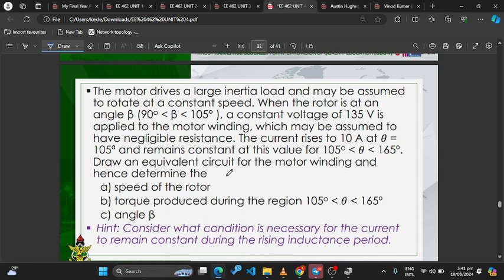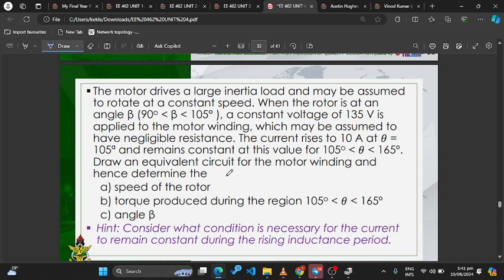Okay, so when the rotor is at an angle beta, a constant voltage of 135 is applied to the motor winding, which may be assumed to have negligible resistance.